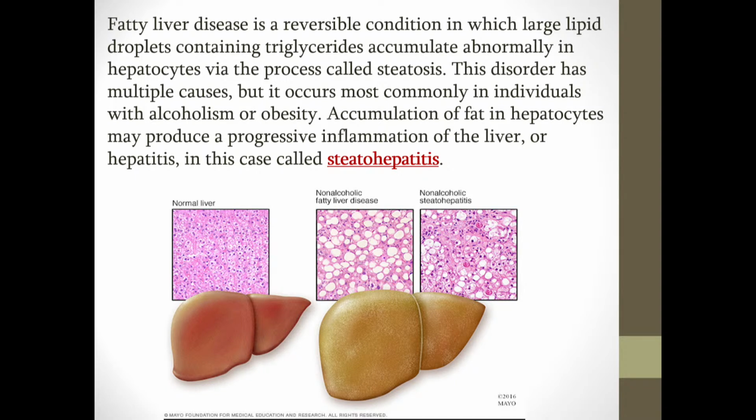This disorder has multiple causes, but it occurs most commonly in individuals with alcoholism or obesity. Accumulation of fat in hepatocytes may produce a progressive inflammation of the liver, or hepatitis, in this case called steatohepatitis.